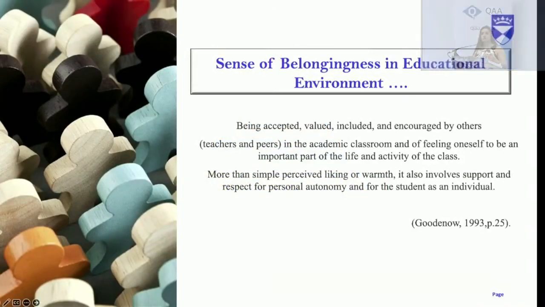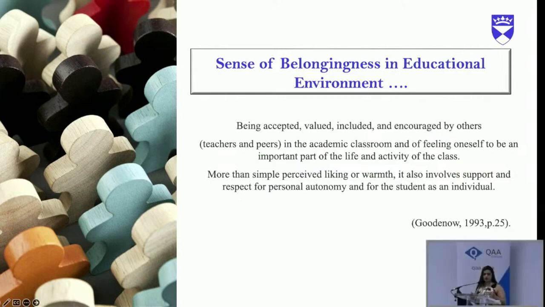If we look at the sense of belongingness in the educational environment, this is one good definition that has been used in the literature, a very famous definition under the belongingness theme in educational environments, according to Goodenow: being accepted, valued, included, and encouraged by others. Others means teachers and peers in the institutional environment.